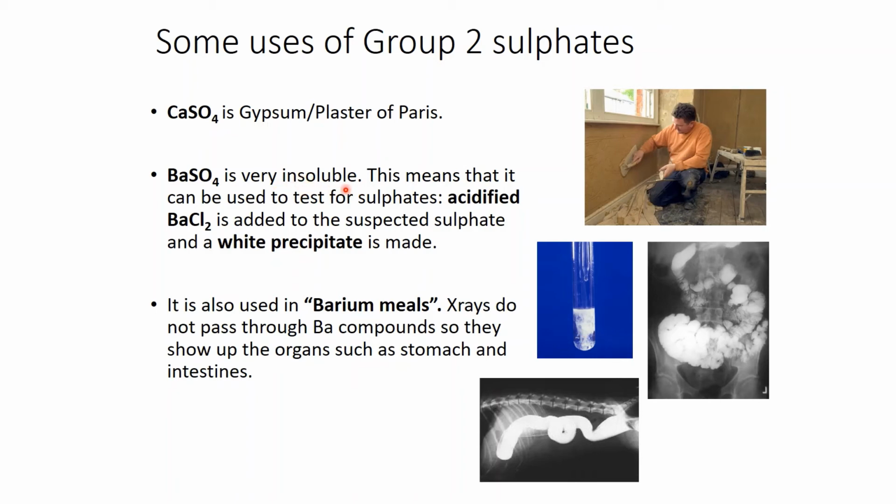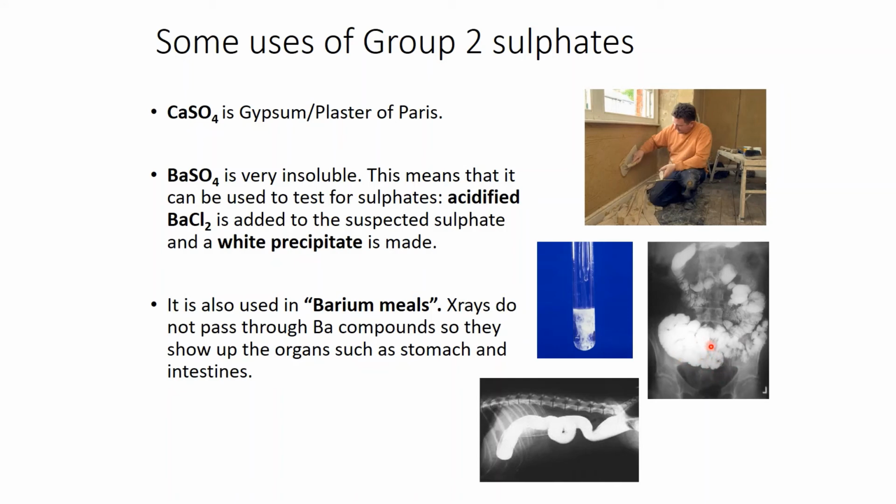Barium sulfate is also used in barium meals. Because barium is a very large ion with lots of electrons, it absorbs X-rays rather well. So X-rays don't pass through barium compounds very easily, so they show up as white things on X-rays.